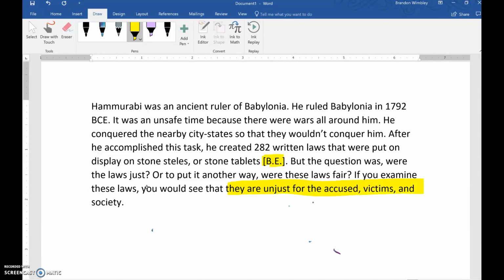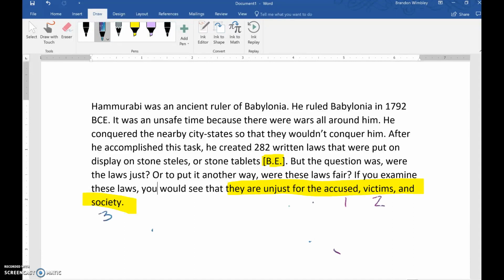They are unjust for the accused, victims, and society. So that's letting the readers know in our introduction how our paragraphs are going to be laid out. So paragraph 1 will be the accused, paragraph 2 will be the victims, paragraph 3 is society.